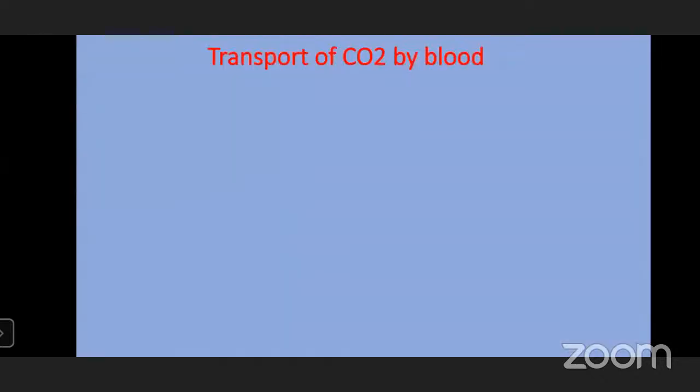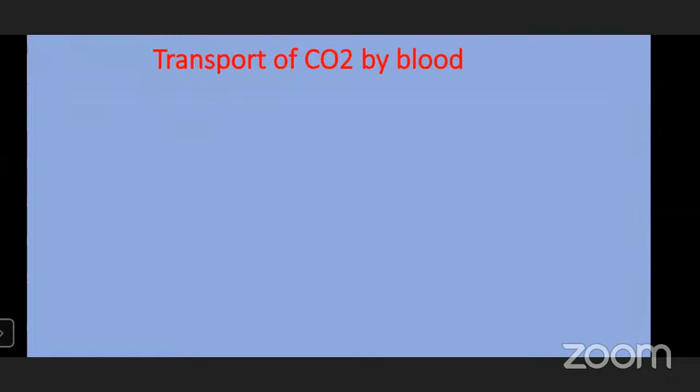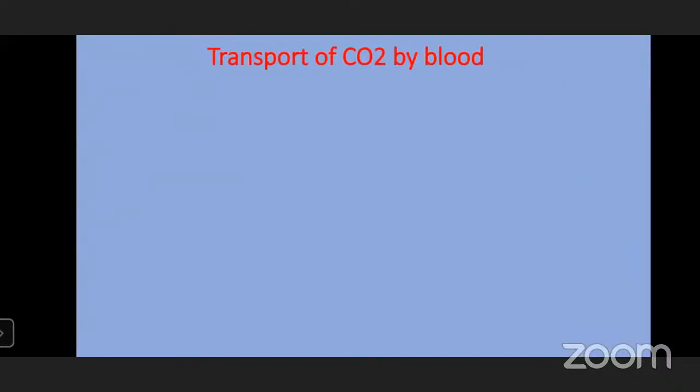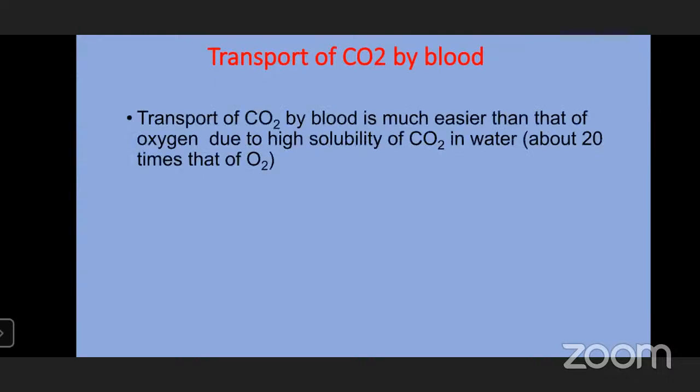The next topic is transport of carbon dioxide by blood. So we have already discussed the transportation of oxygen in the blood, right? Now the carbon dioxide transportation process we will see.